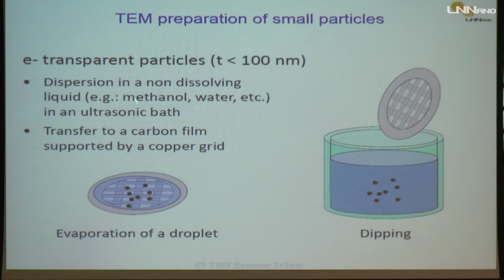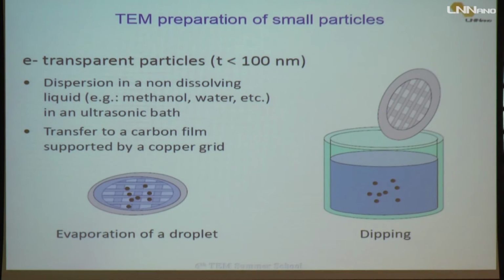There is the possibility to suspend the particles in isopropanol. It's the most conventional liquid that we suspend it in. You go to the ultrasonic bath to disperse this material and just drop a drop on your grid and leave it to dry, okay? And when it's dried, you have the particles there.